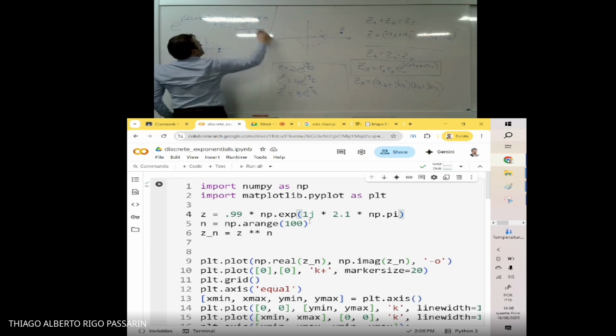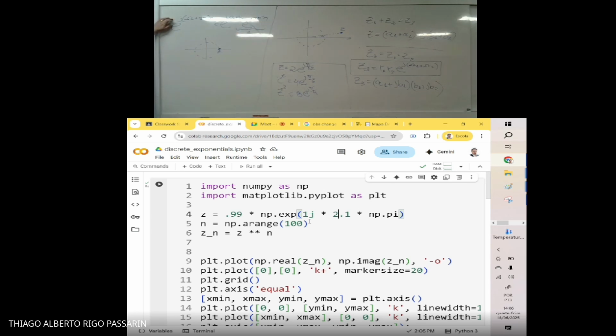So that's it. E to the j omega plus 2 pi n equals e to the j omega n. This works too with sine and cosine. You can demonstrate that the cosine of omega plus 2 pi n equals the cosine of omega n, and same for sine.